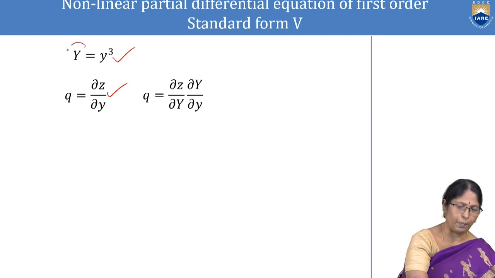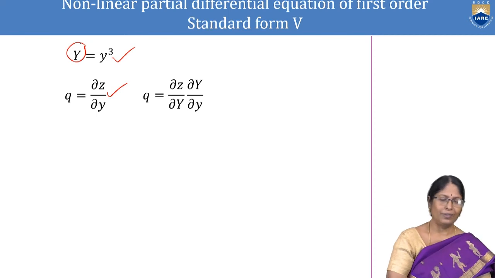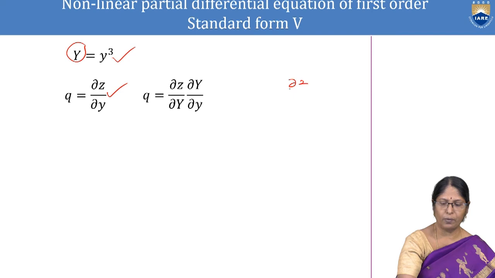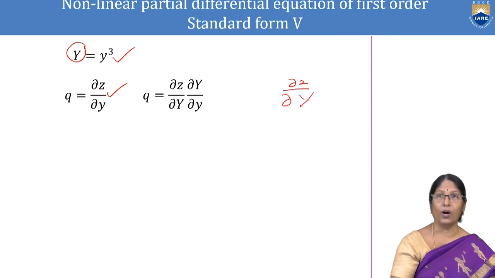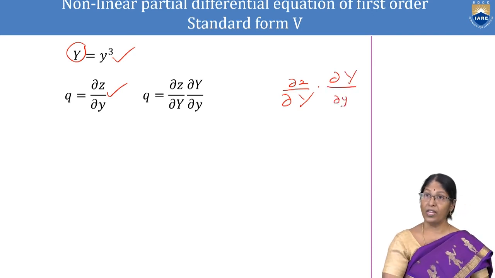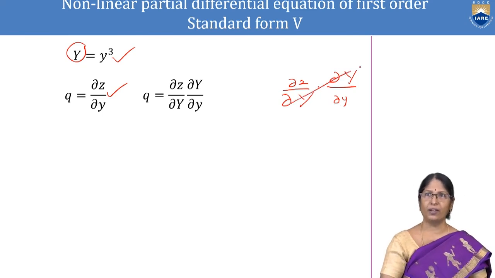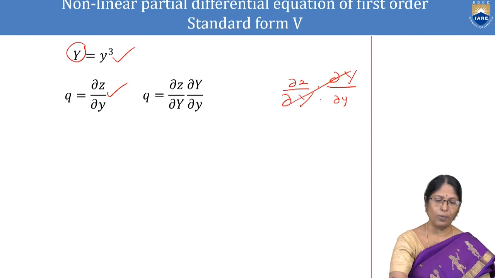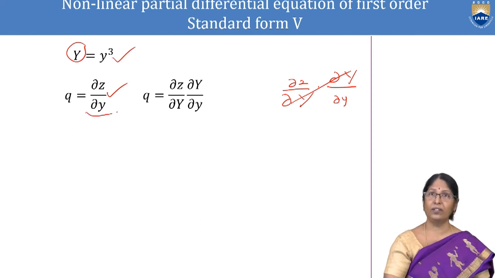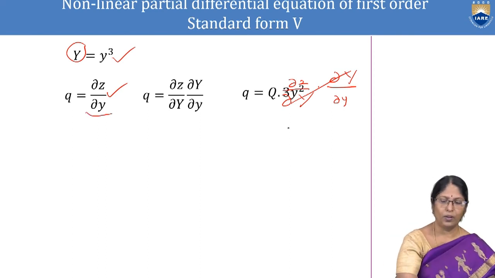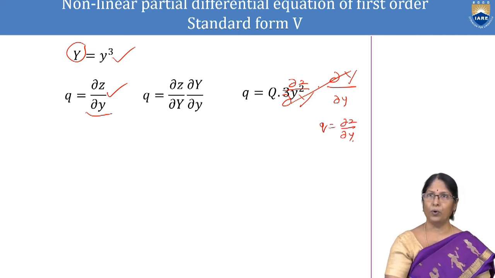Now here the capital Y is there. That should be inserted here. That is dou z by dou capital Y into dou capital Y by dou y. We inserted correctly, up and down it is there. So the balance we got in the previous step. Now Q, the notation we know, is dou z by dou y.